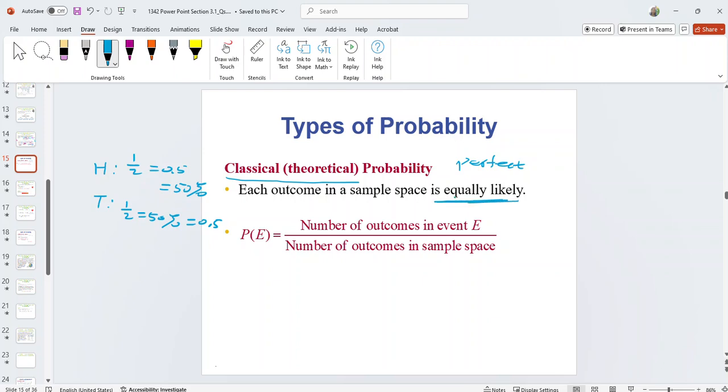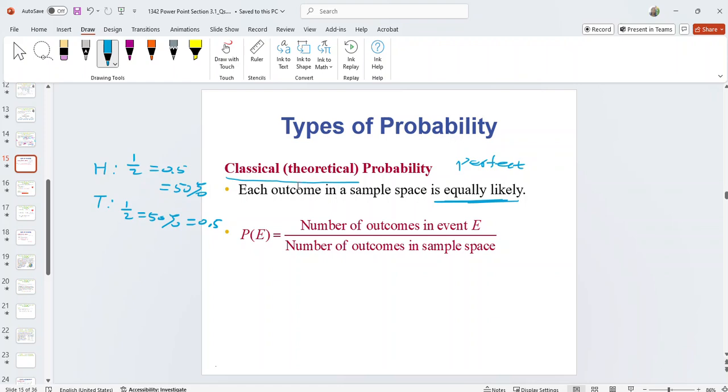Like I said, when you flip a coin, you have a 50% chance of getting a head and a 50% chance of getting a tail. This is theoretical, or classical, probability, and we calculate quite a bit of this kind of probability.